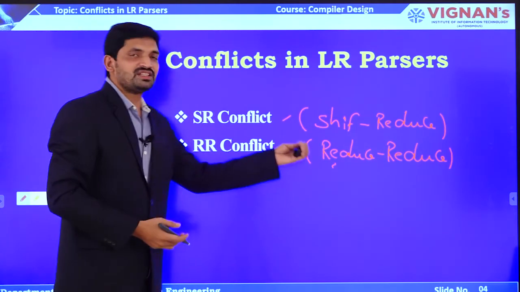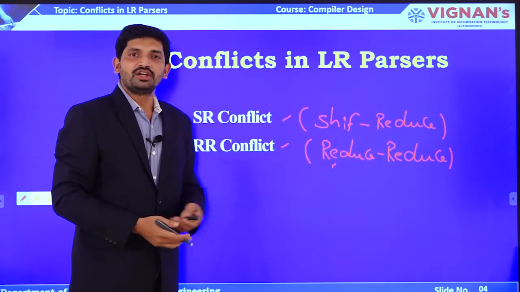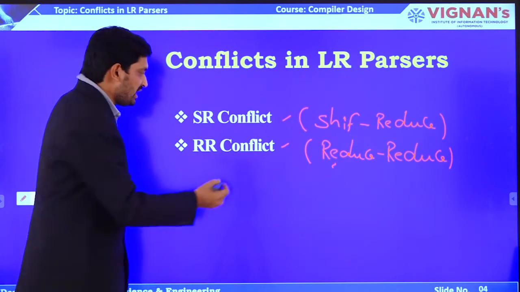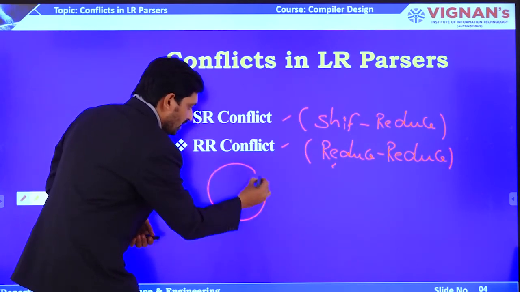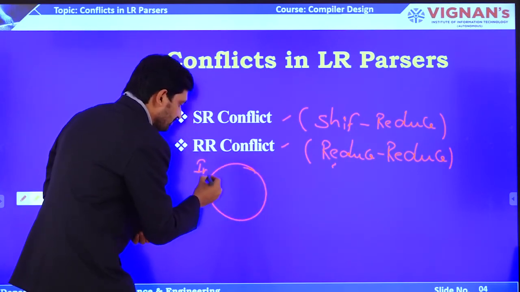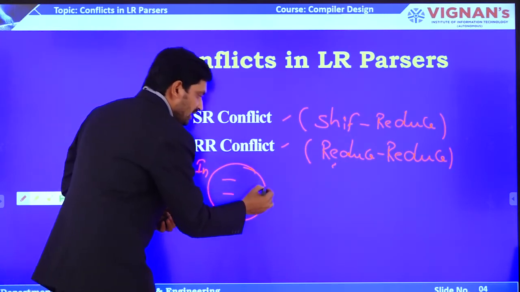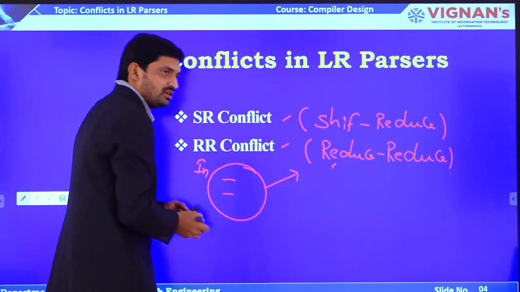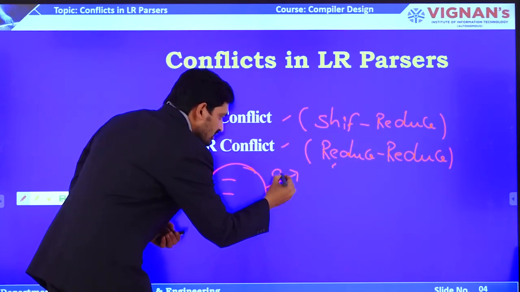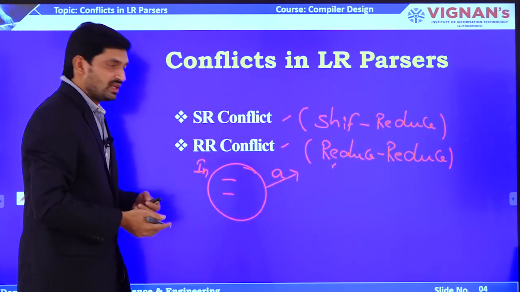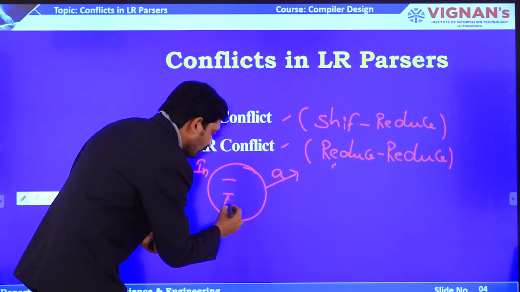So, what is a shift reduce conflict? In an item or in a state, let us say IN, if some productions are there and if there is a go to operation on a terminal symbol, and if there is a final item.